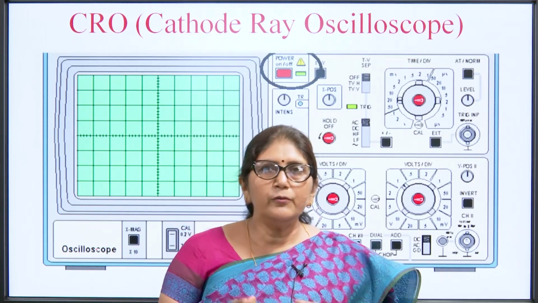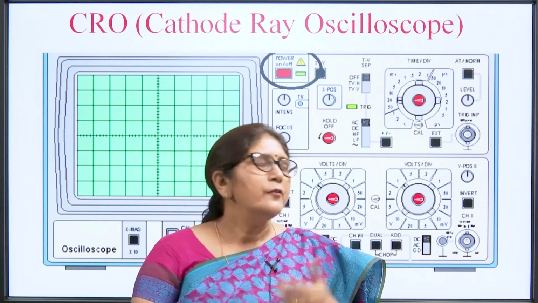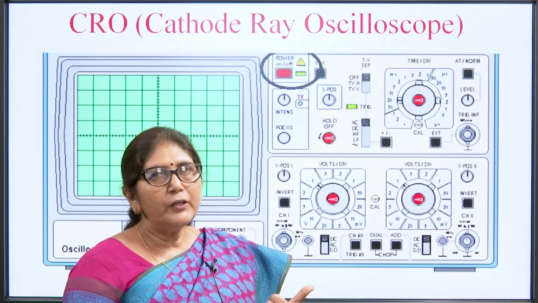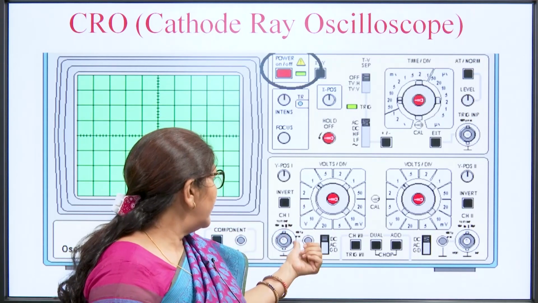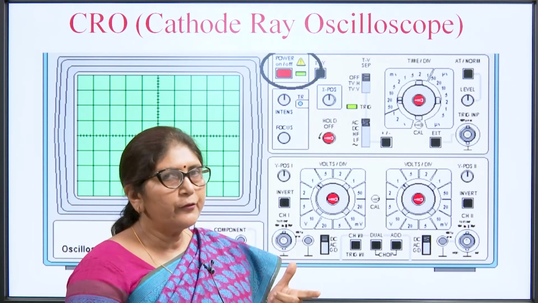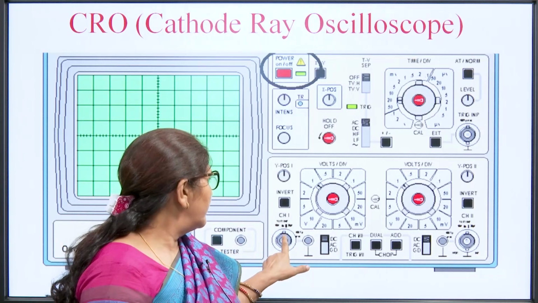Suppose we want to measure the amplitude of a signal, and that signal is applied at channel 1. We will feed the signal from the output of the circuit whose signal we want to analyze to this point.